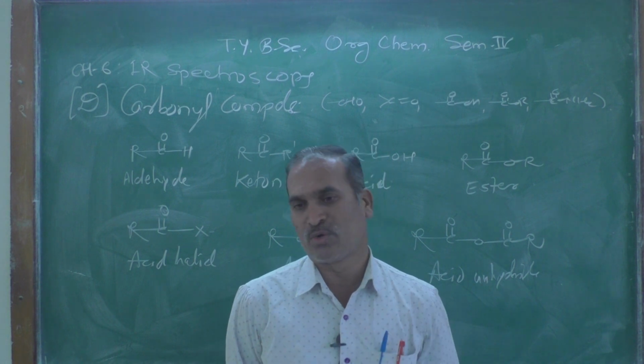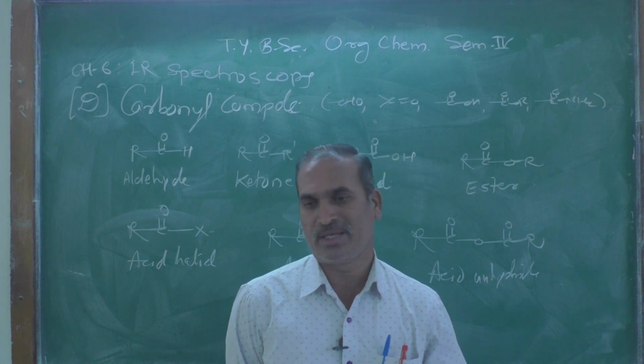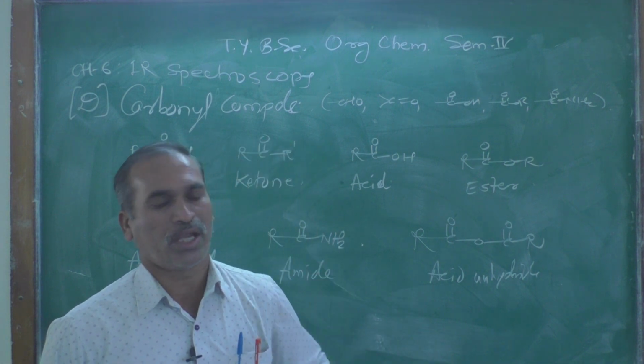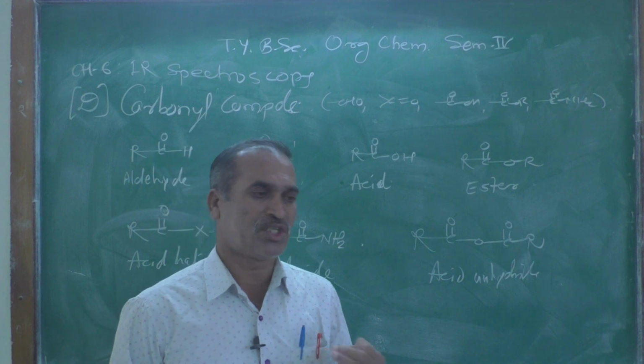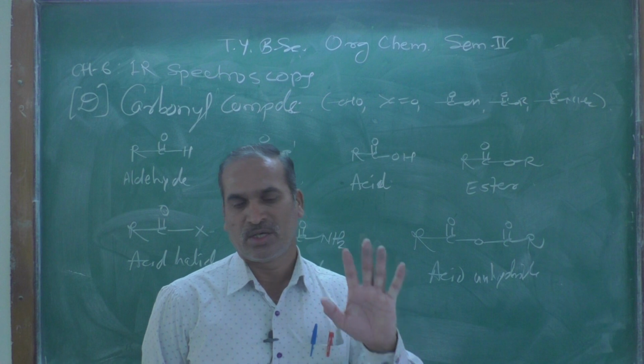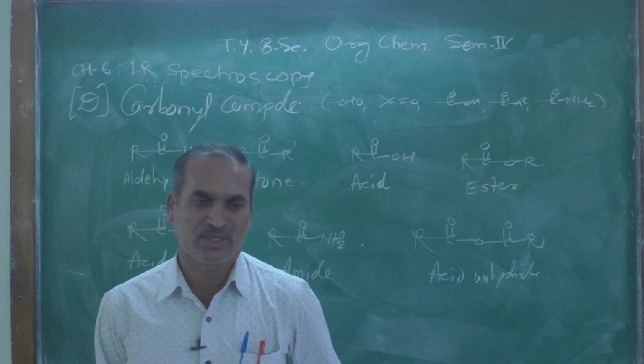The carbonyl group is commonly present here in the ketone structure, and it is known as the functional group. And why do we call it a functional group?